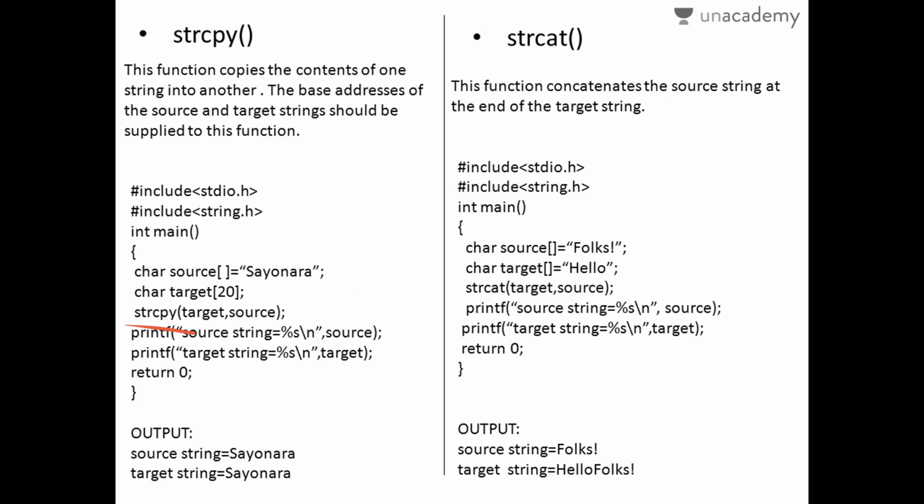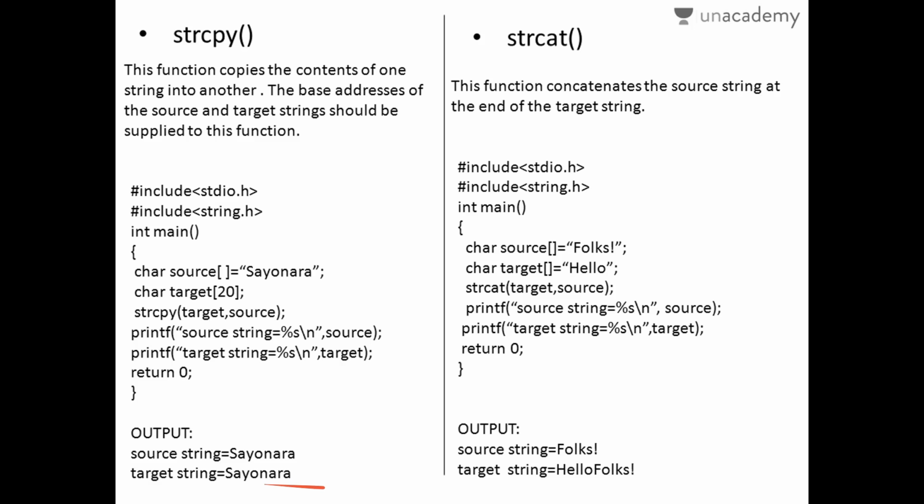Now I'm using strcpy, and I want to copy the source, whatever information it has, into the target. Then, using the printf statements, I'll print the source and then the target, and give a simple statement, return 0. With this the output will be the source string is whatever we gave, and the target string is the same, because the string has already been copied with the help of strcpy.